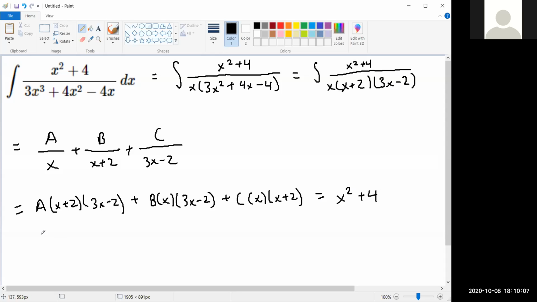So how do you guys suggest we solve for A, B, and C here? What will be the best method? Remember that because we have 3 variables we want to solve for, we're going to need 3 equations.